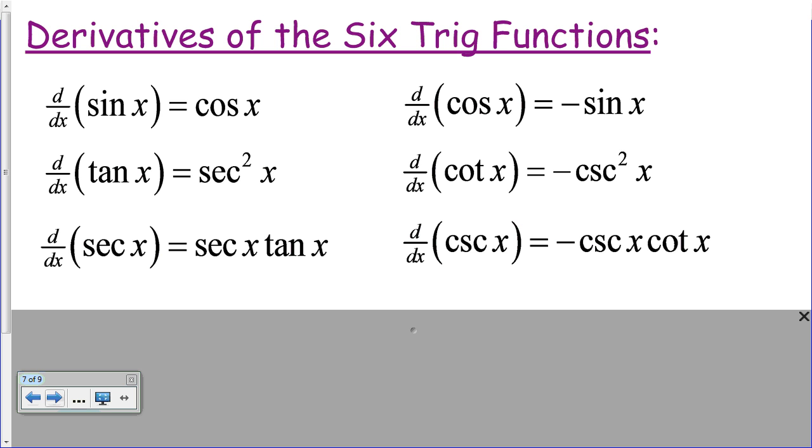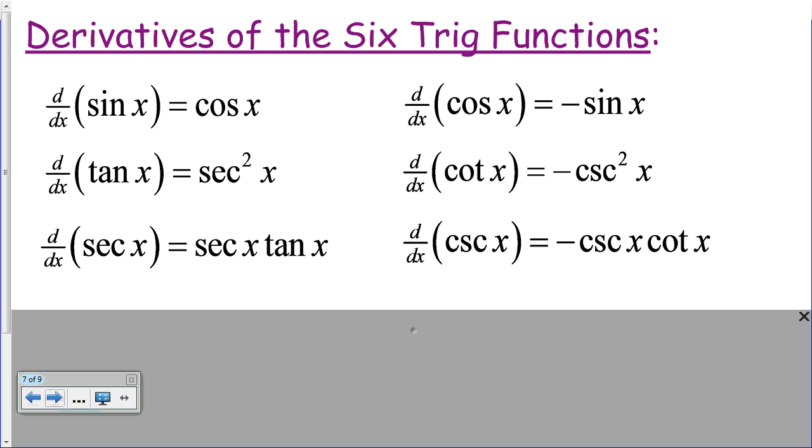Now, if you look at how we rewrote these here, you'll notice that what I have in the left-hand column, sine, tangent, secant, and what I have over there in the right-hand column are their cofunctions, cosine, cotangent, cosecant. And you'll also notice that all the ones in the left column there, the derivatives are positive.